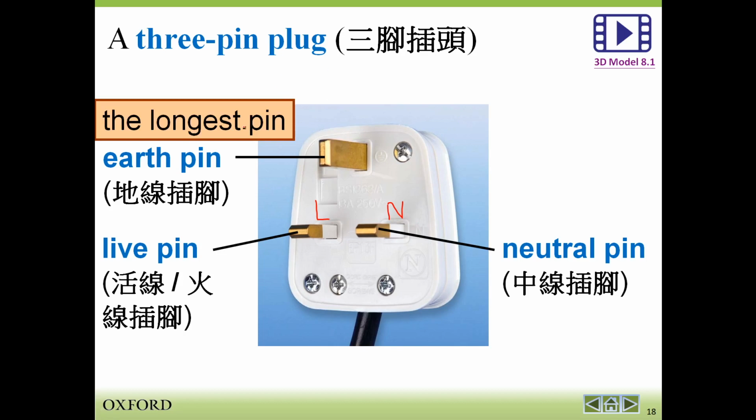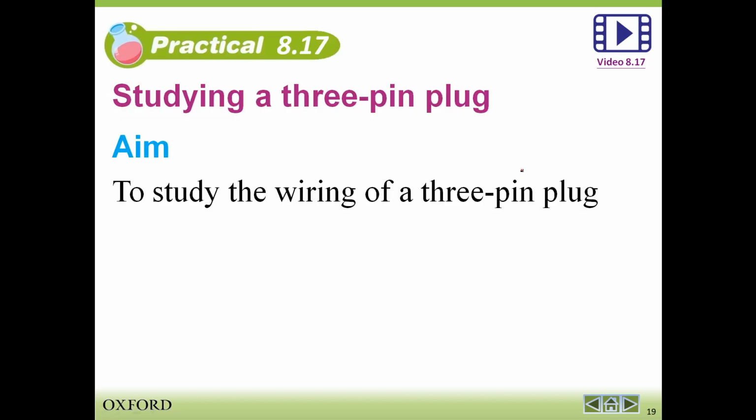And the earth pin is the longest pin. That means if we want to make it safe, the earth pin opens the earth hole first, and once the earth hole is open, the other two holes can connect. This is for safety precaution.